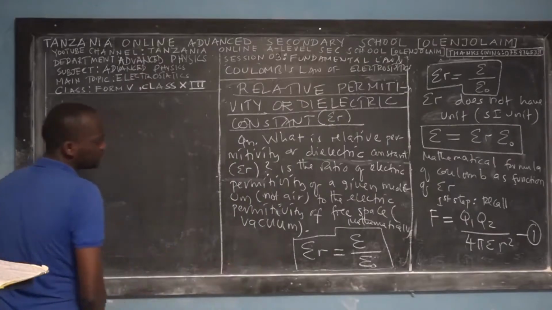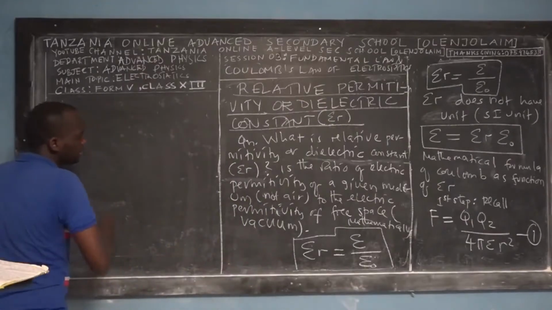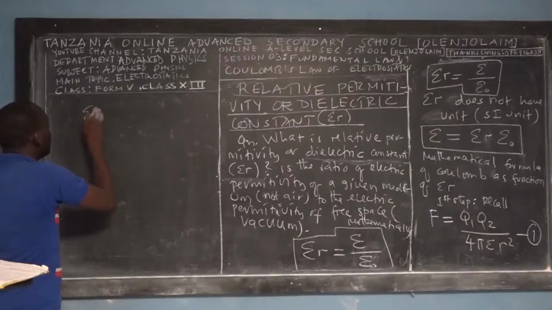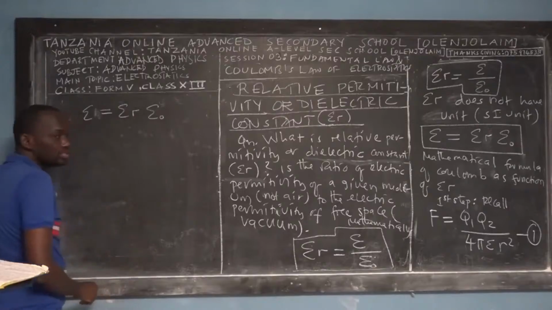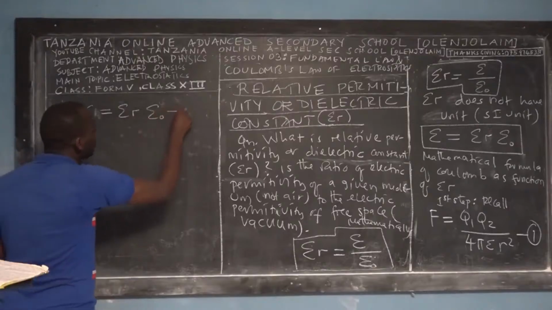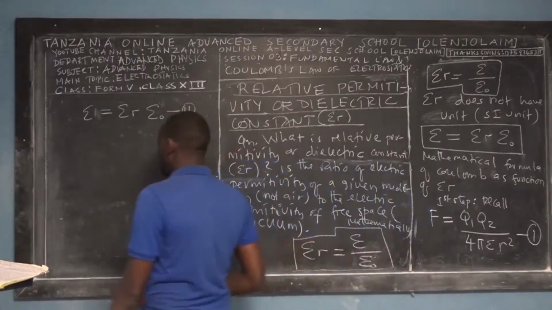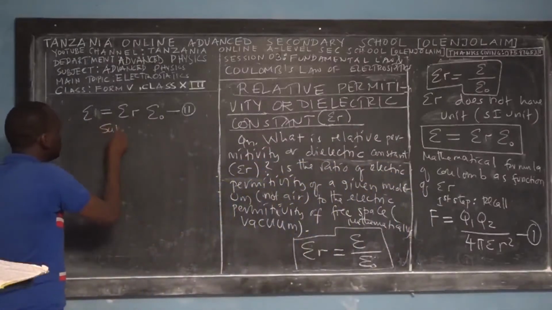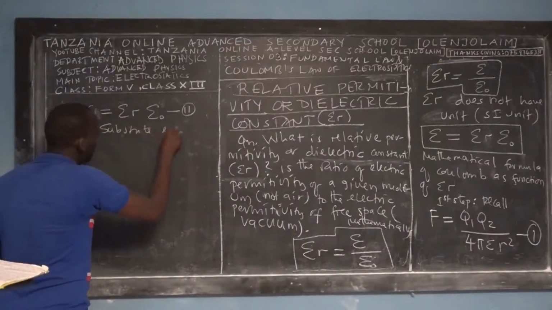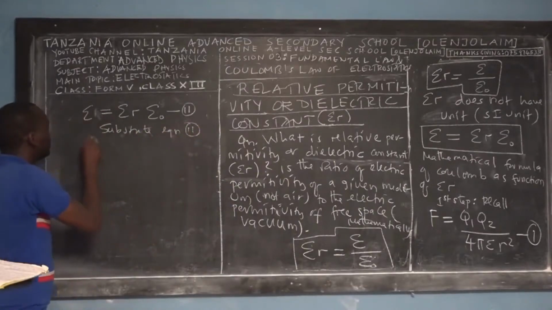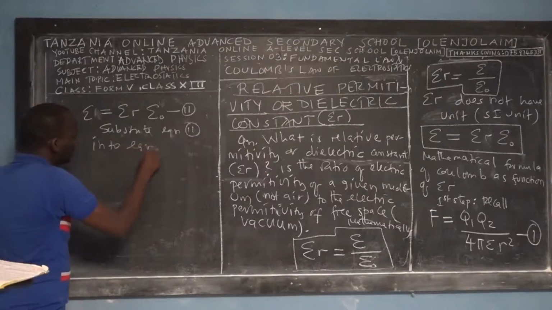Then you have the second equation. The permittivity of the medium is equal to the relative permittivity times the permittivity of the free space. Right? So this is equation 2, and this is equation 1. Now substitute equation 2 into equation 1.